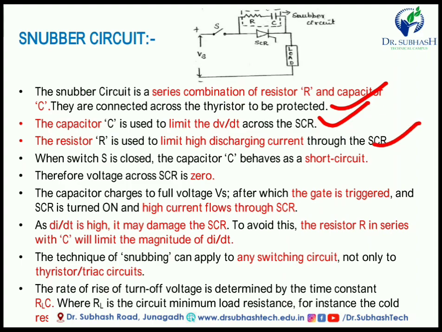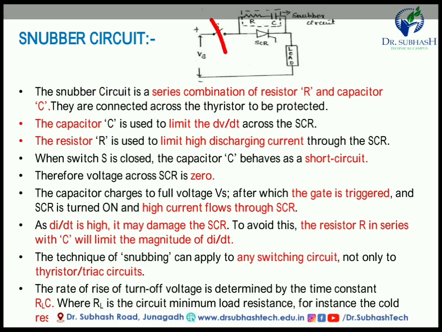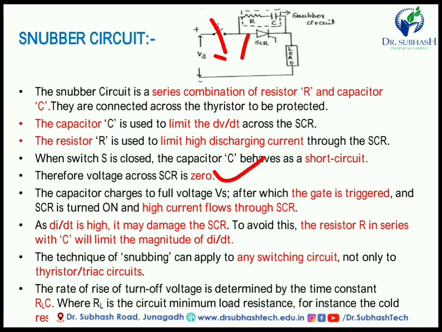When switch S is closed, what happens? The capacitor C behaves as a short circuit, therefore the voltage across the SCR is 0. Whenever we close this switch, the total current flows through this resistor and capacitor, because the capacitor is fully discharged, so it starts to charge, and the voltage across the SCR is 0.